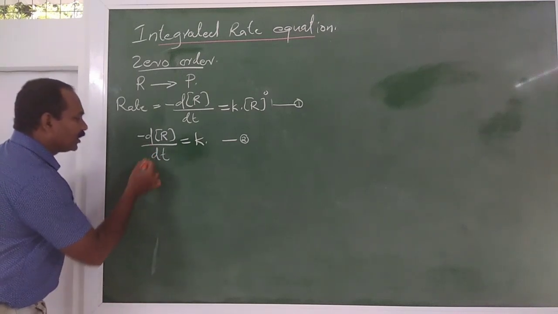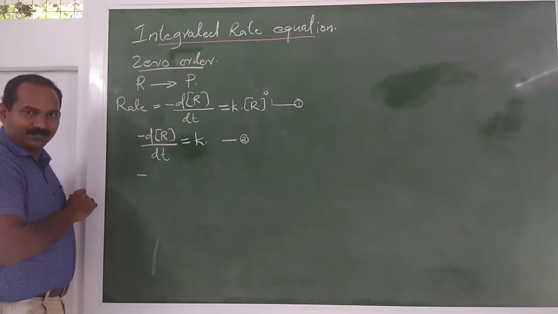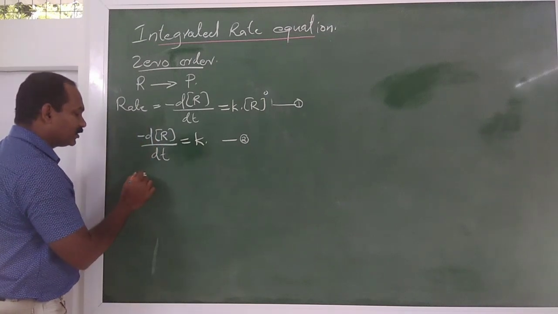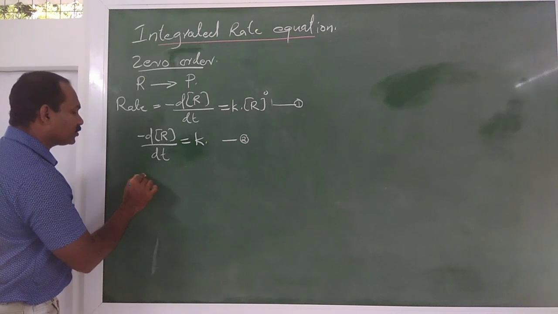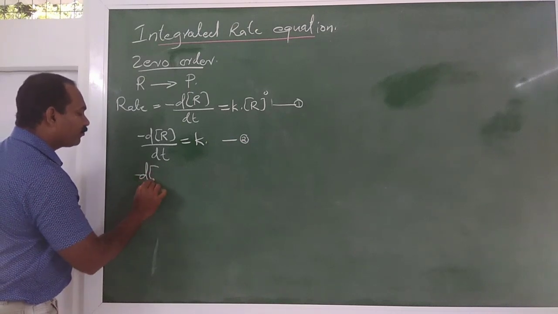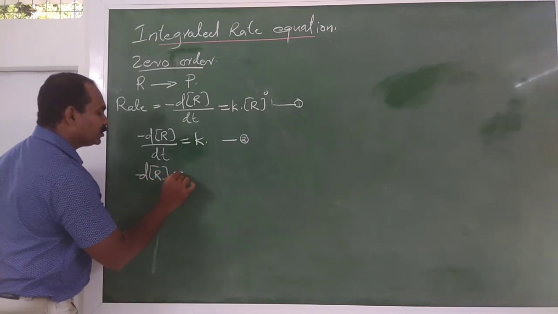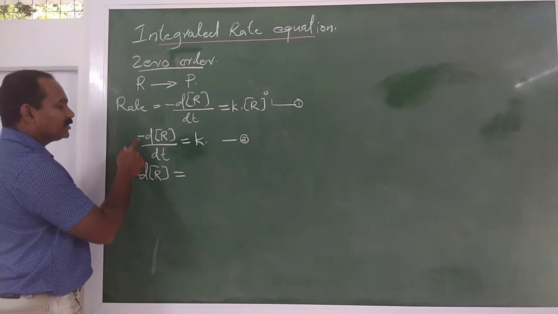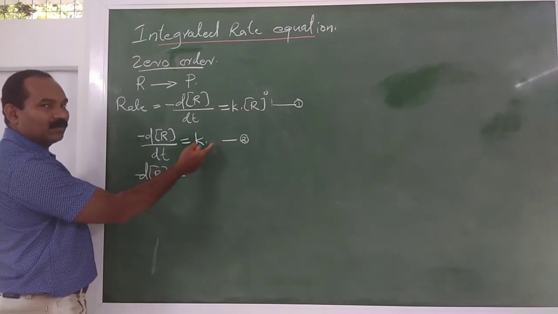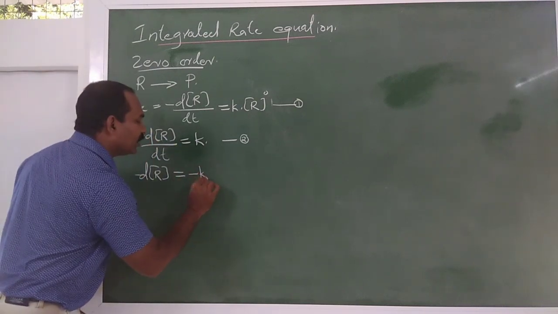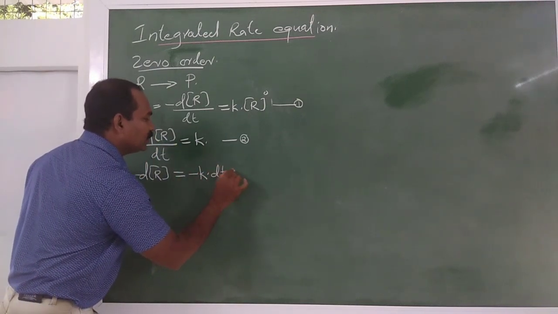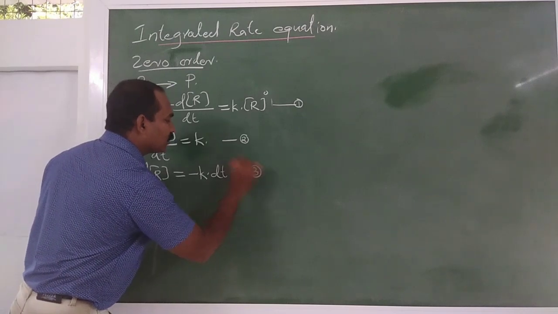Then rearranging this equation, d of concentration of R is equal to minus k into dt, as dt goes to the right side. Equation number 3.